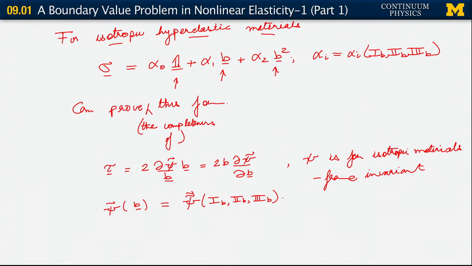And therefore, our expression for the Cauchy stress is 1 over j, twice the derivative with respect to b of psi double hat, which depends upon b through its principal invariants only.